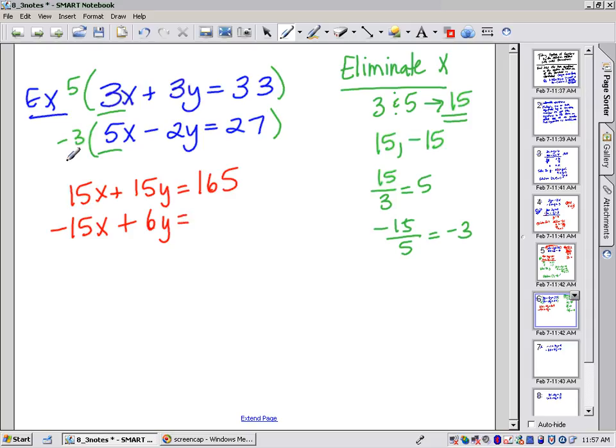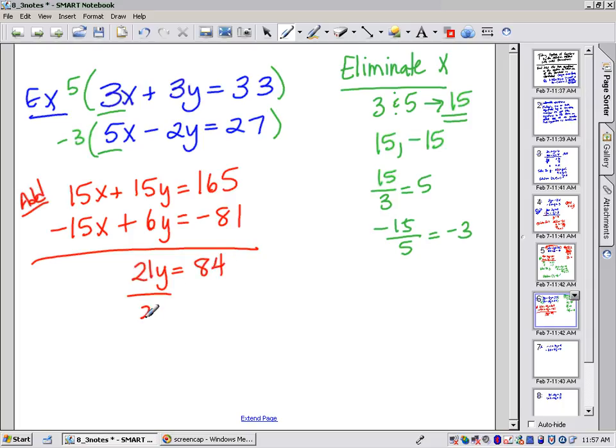And then a negative 3 times 27 is a negative 81. Okay? So now I have opposites on my coefficient, so I can add the two equations. Upon adding, my x's are eliminated, and I get 15y plus 6y is 21y is equal to 165 minus 81, which is 84. And then if we divide both sides by 21, we get y is equal to 4.